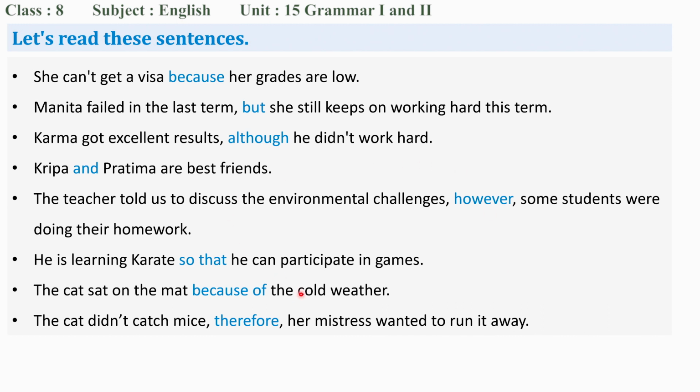Dear students, I have also highlighted some words in these sentences. For example, because, but, although, and, however, so that, because of, therefore, etc. Could you please tell me what these particular words are called?